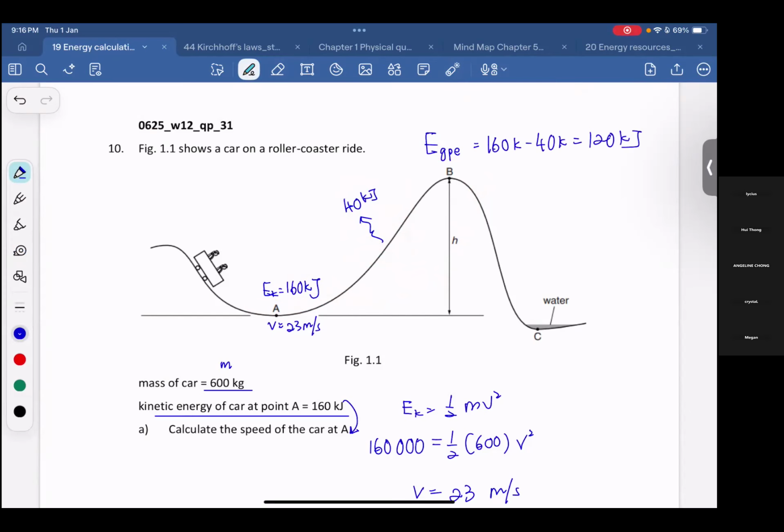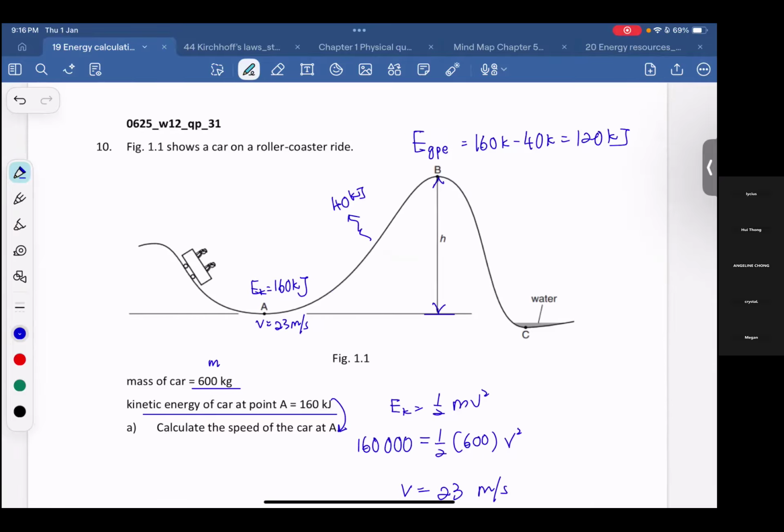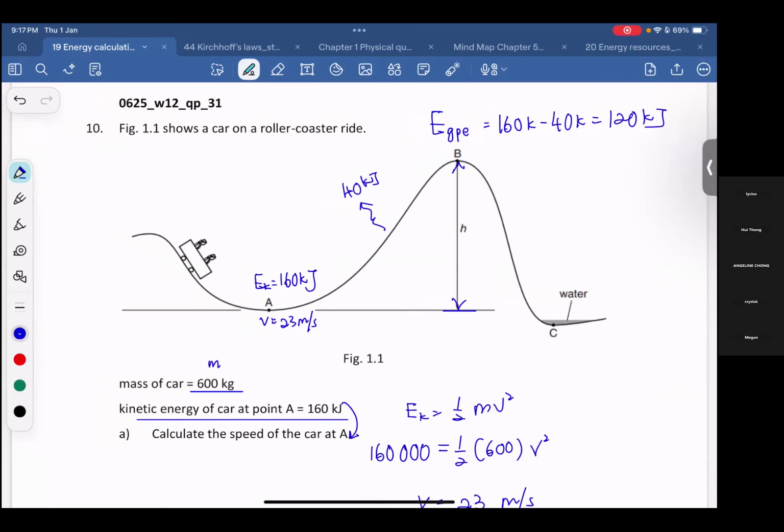Okay. Then next, the question is asking you to calculate the height h. So step by step, solve the question and then check how to link it with the question asked in the exam. So here, what is your h? mgh equals 120 kilojoule.